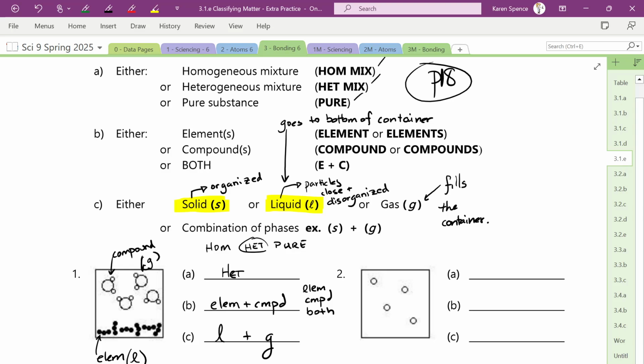Okay, let's see how we're going here. Yeah, so this would be like elements.